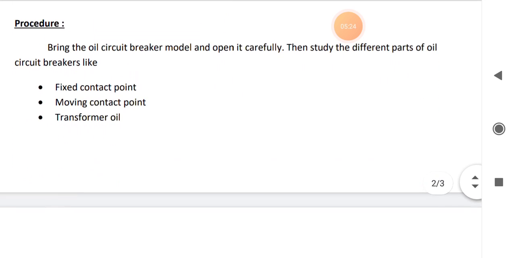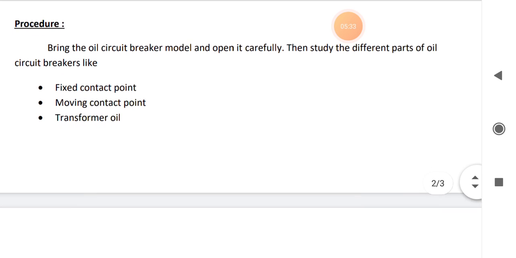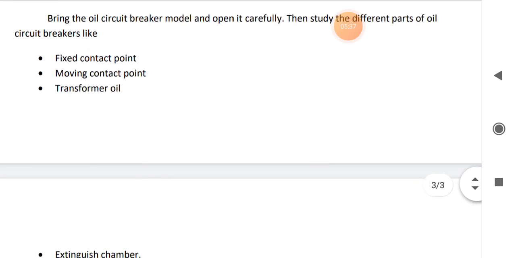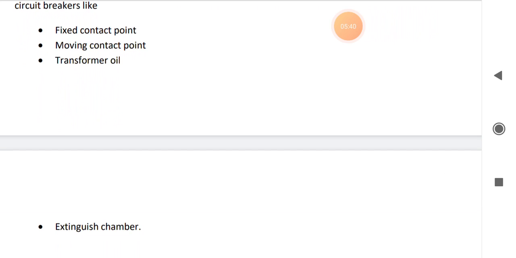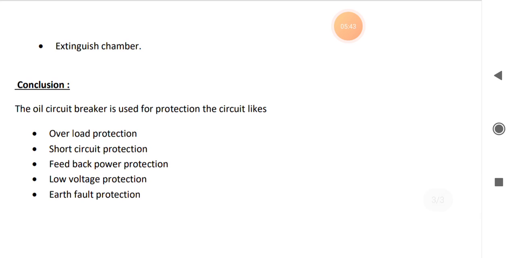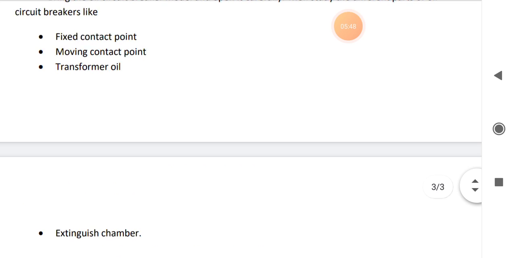Now the procedure: bring the oil circuit breaker model and open it carefully. Then study the different parts of the oil circuit breaker, like fixed contact point, moving contact point, transformer oil, extinguish chamber, etc.